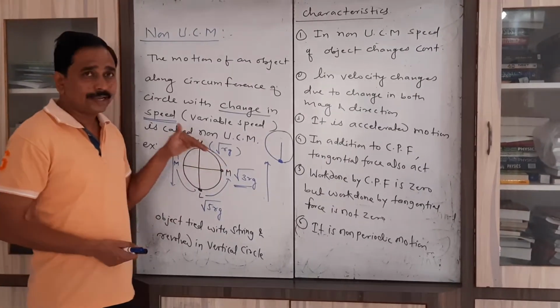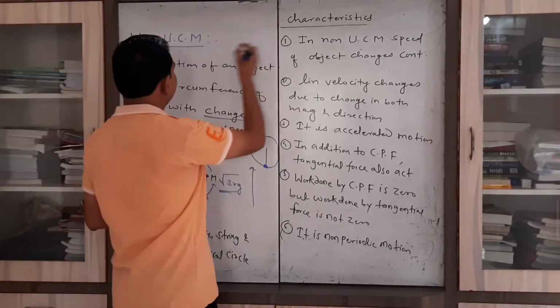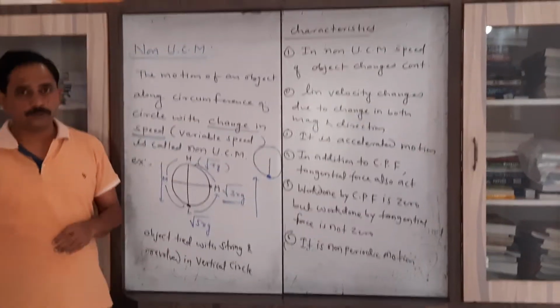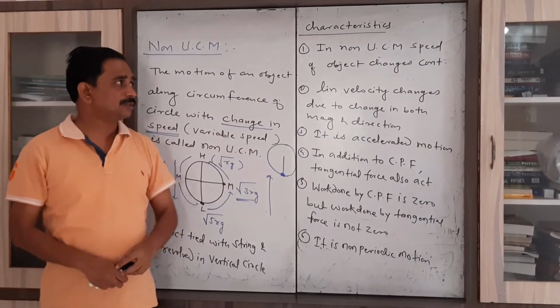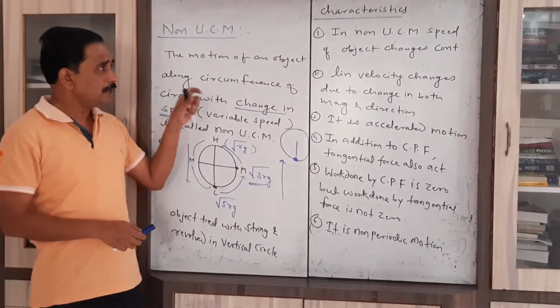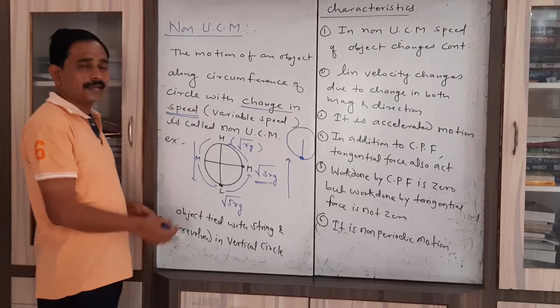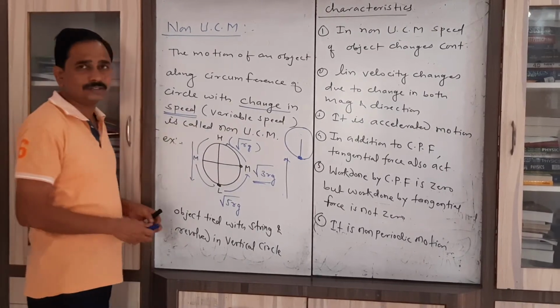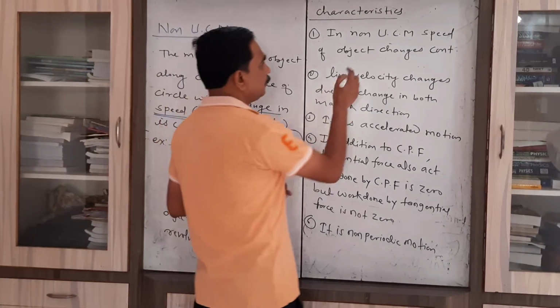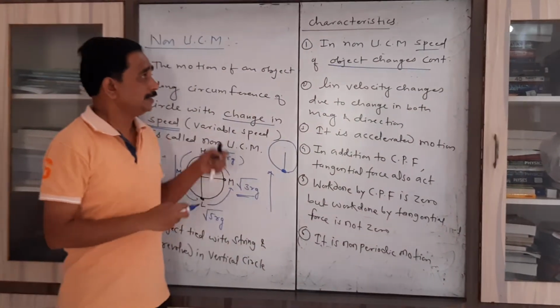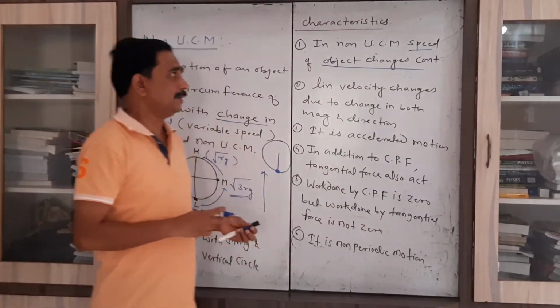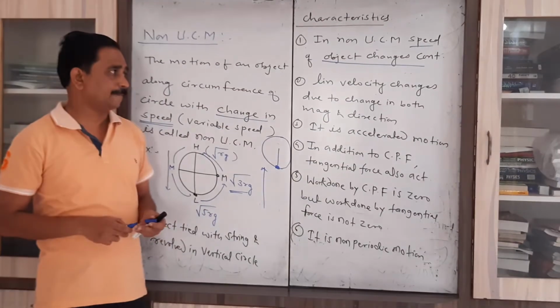Now here we can also consider the characteristics of non-uniform circular motion, similar to those of uniform circular motion. The first characteristic, again from the definition, is that in non-uniform circular motion the speed of the object changes continuously. It doesn't remain constant.